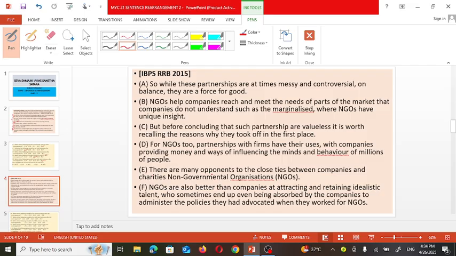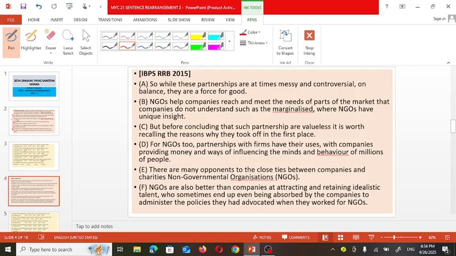Next one, there are many opponents to the close ties between companies and charities, non-governmental organizations. Non-governmental means NGOs.